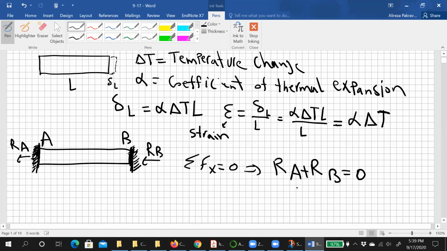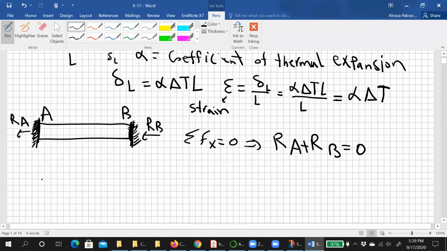So, the same as the last lecture, the best approach to solve this is the principle of superposition and employing the equations for the elongations. So let's assume something like this. We have this bar, right?